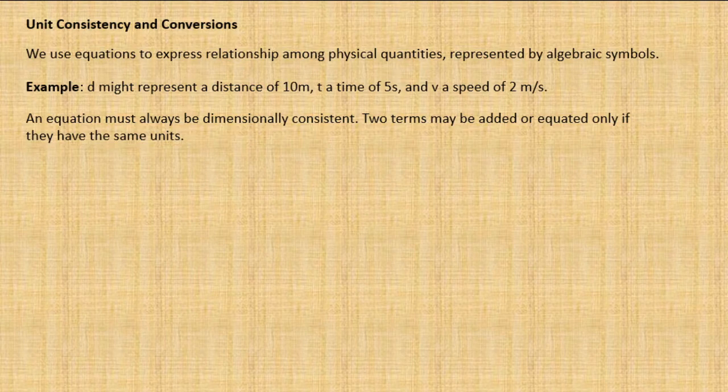But with 2x plus 3x, we can add them into 5x, right? It's the same with our units. We can't execute cancellation or addition if the units are not the same or not consistent.